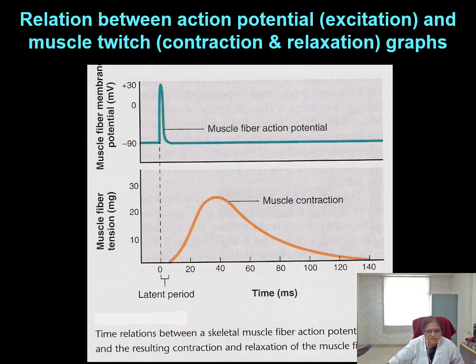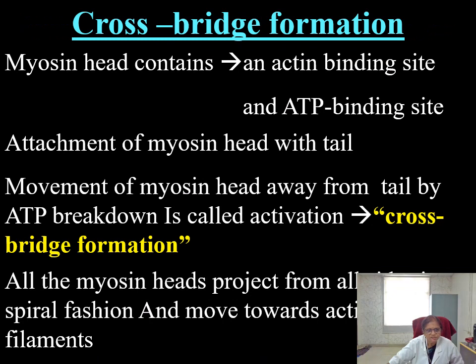This upward deflection is called muscle contraction, downward is called muscle relaxation. Whereas here, upward is called depolarization, downward is called repolarization. So please try to remember both have different terminology, and which event is first: action potential followed by muscle contraction, which we call a muscle twitch.